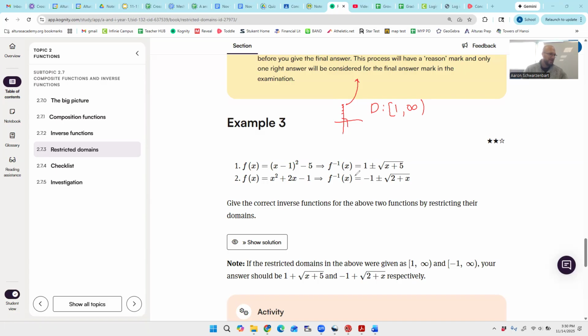My second one, I mean, that's the normal way. If you look at the answer in the book, they kept the other side of the function. They said the domain was negative infinity to 1, which does work, which means I would just get rid of this plus here.